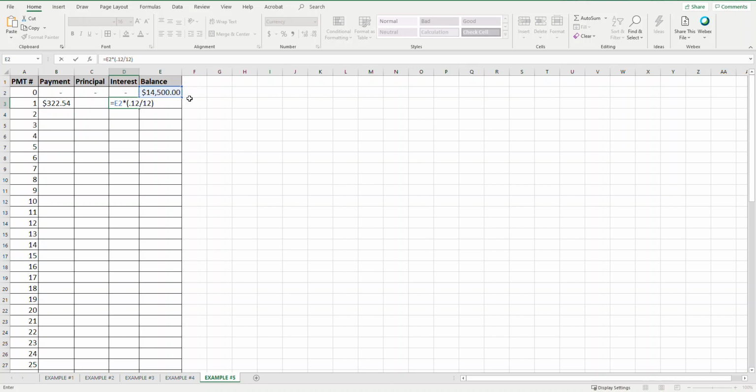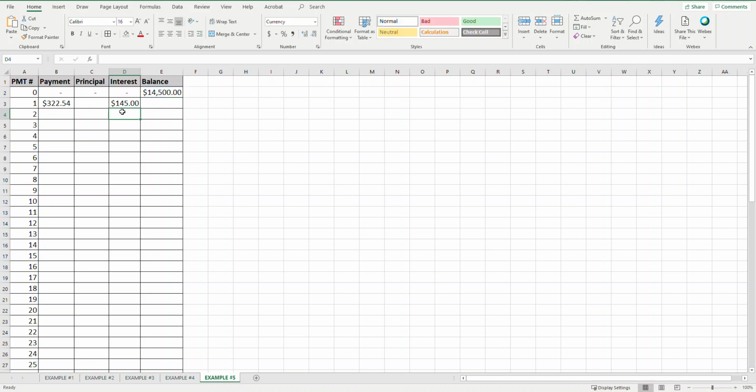Okay, so we hit enter, and this tells us how much interest is applied. Now, if we want to find the principal, then in that case you can do this amount minus this amount, and then just hit enter. So we see that that's the principal that's being applied.